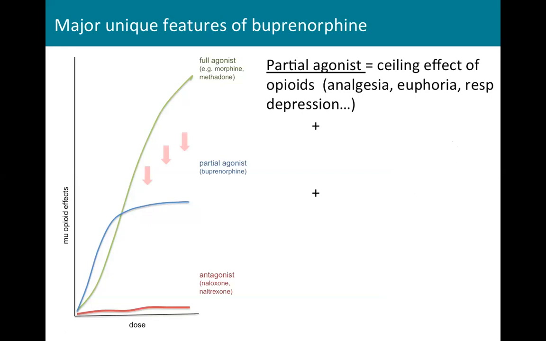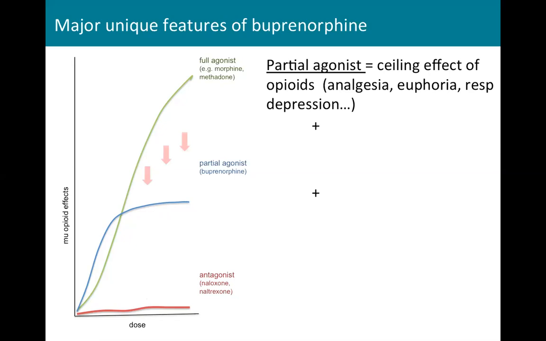So as you know, buprenorphine is a partial agonist, meaning that if you look at the graph on the left, in contrast to this green line, which is a full agonist like morphine or methadone, there's a dose-dependent response. And so the higher the dose of the opioid, the higher you have opioid effects. And buprenorphine, in contrast, has a ceiling effect. And so the more that you give after a certain point does not increase the total opioid effect, and you have this plateau.